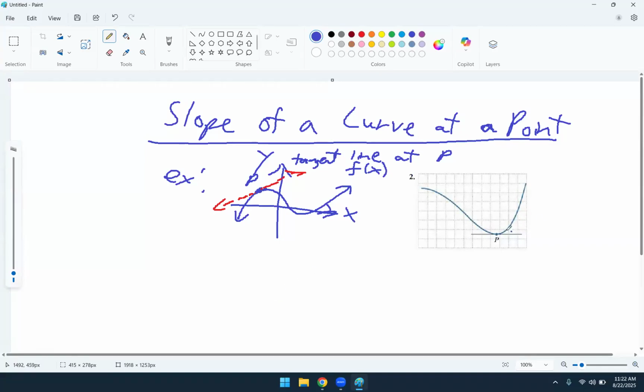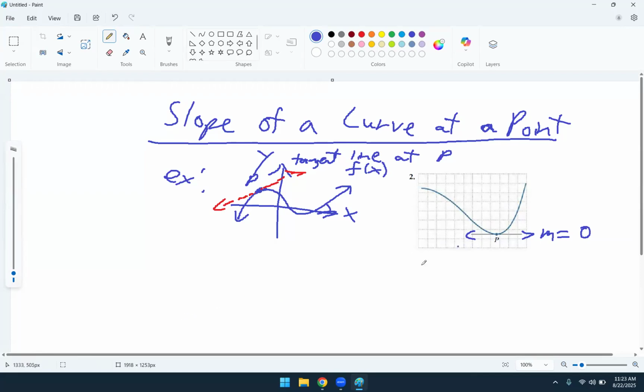So let's take a look at the slope of this. Clearly, since it's horizontal, the slope m is going to be zero. Remember, the slope of a horizontal line is equal to zero. So we're okay on that.